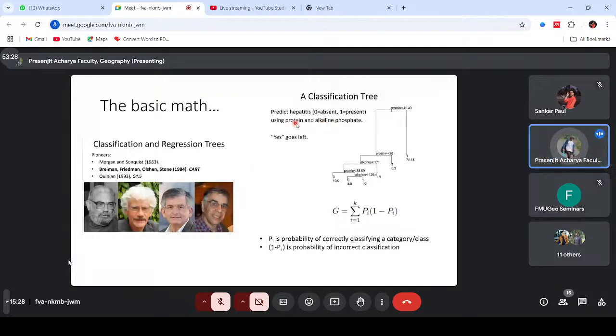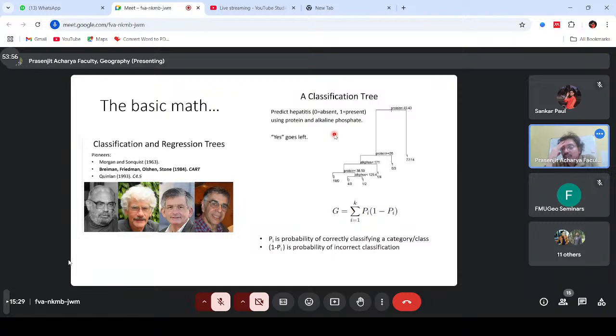So we have binary classes, absent and present. It's the presence of hepatitis within a patient. So 0 is absent, 1 is present for hepatitis. And the example uses two additional factors, called the blood factors: protein in the blood, and alkaline phosphatase in the blood.